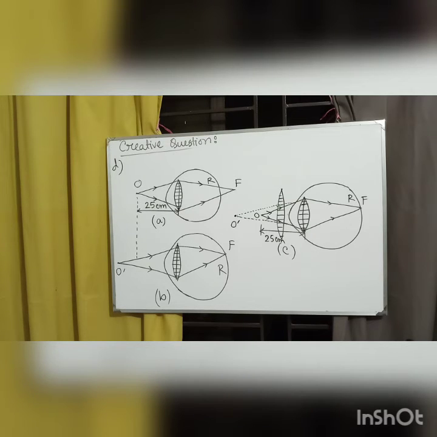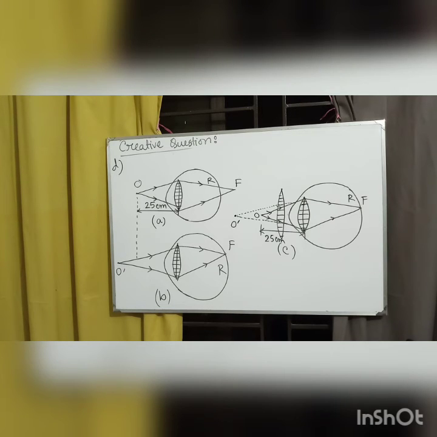And in figure C, we use a convex lens to remedy this type of problem. A spectacle with a convex lens is used to rectify this defect. So rays coming from the near object will refract two times, one time through the lens of the spectacles and another time through the eye lens.